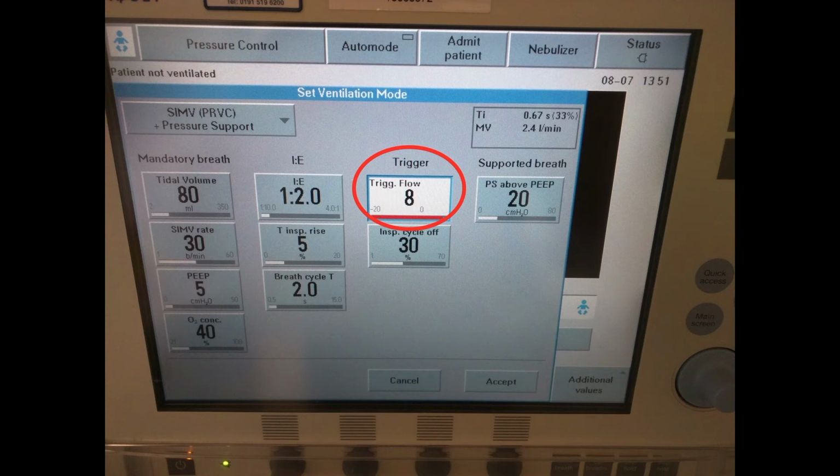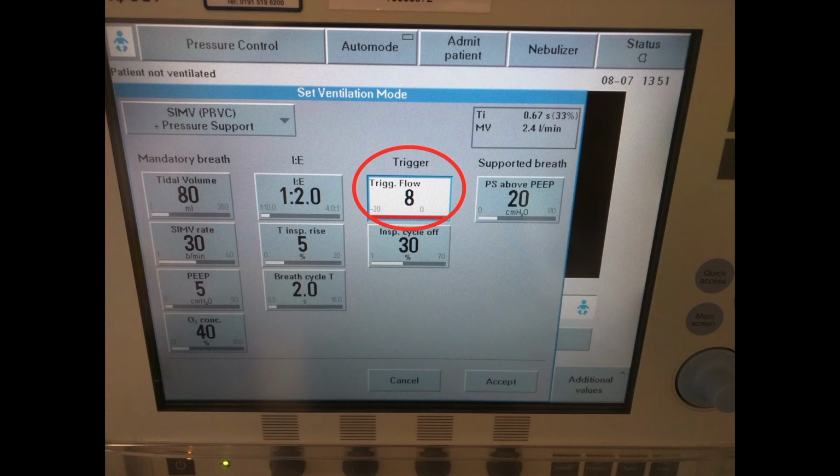The highest it can go to is 10. For example, if you had a small patient who was particularly weak, who was trying to take some breaths, but the ventilator wasn't recognising that they were trying to take breaths, increasing this number would make it easier for the patient to trigger the ventilator. And you could imagine that if the patient's trying to trigger breaths and the ventilator is not giving them, the patient would be very unhappy on the ventilator.